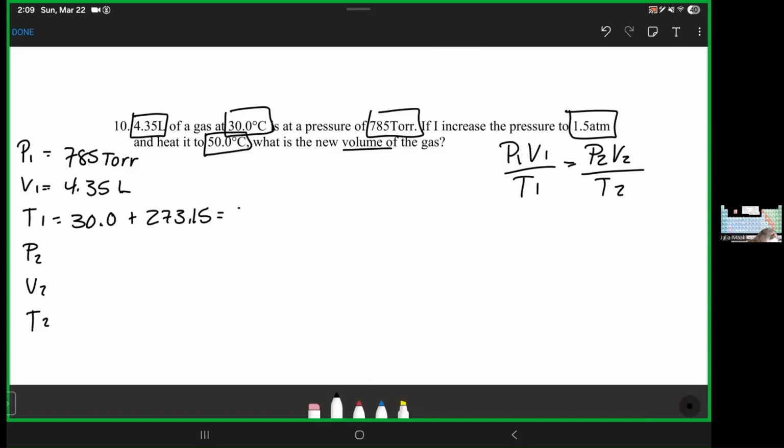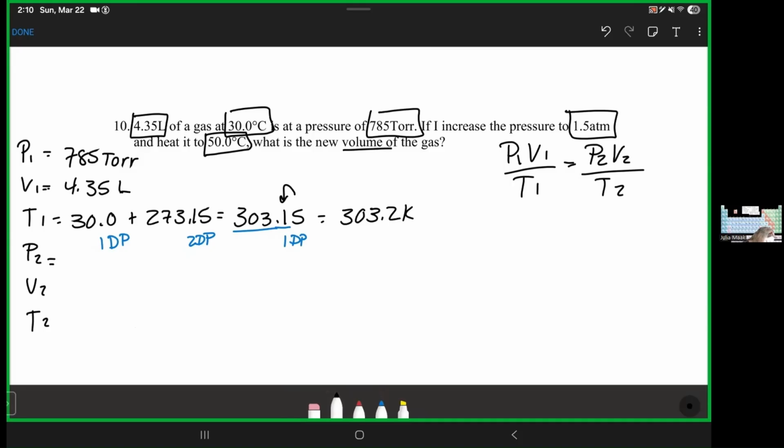I get 303.15, and I'm limited to 1 decimal place here, 2 decimal places here. So I'm going to go with 1 decimal place in my answer. So the 5 is going to round the 1 up, and I get 303.2 Kelvin.